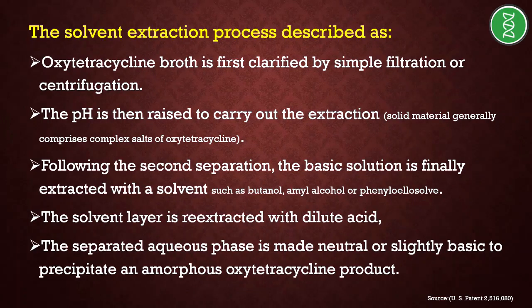Firstly, we will separate the broth with simple filtration, then increase the pH, then use different solvents to separate the basic solution, then re-extract with dilute acid, and finally neutralize and make amorphous oxytetracycline as the product.